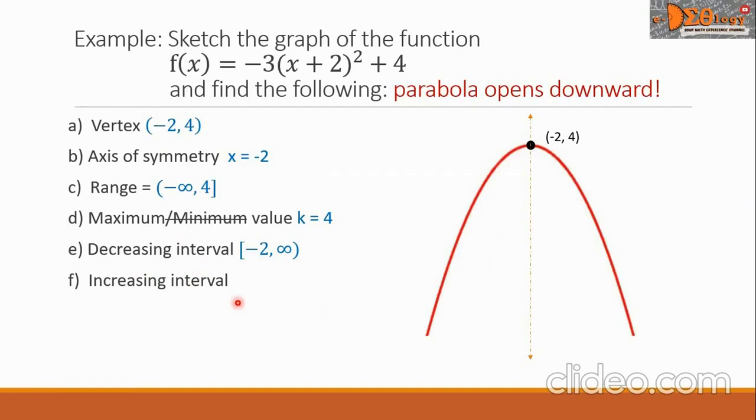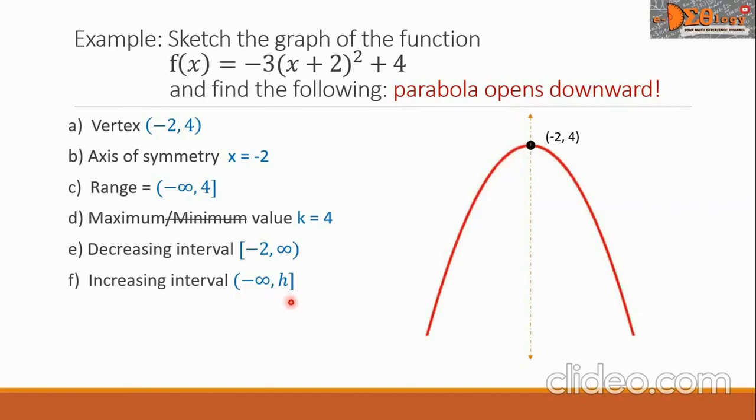For the increasing interval, that is the left side of our parabola. You see here, if you read the graph from left to right, so that is the increasing interval. And we have the formula for that. That is the parenthesis, -infinity, comma, h, and square bracket.